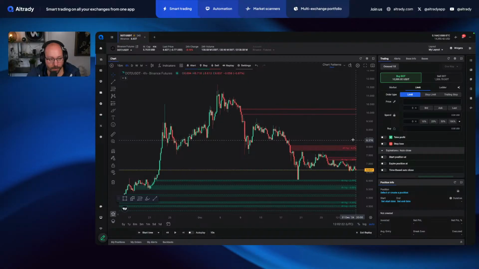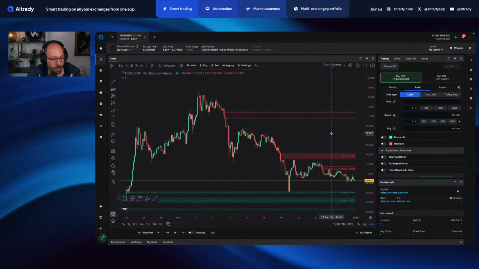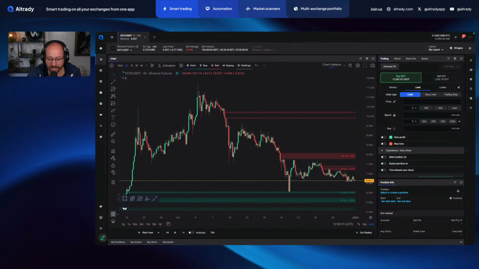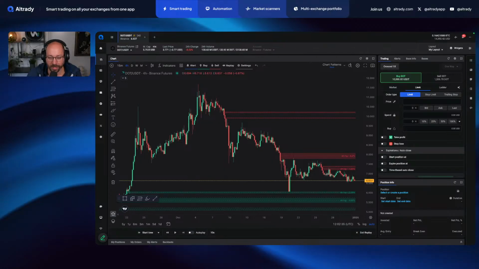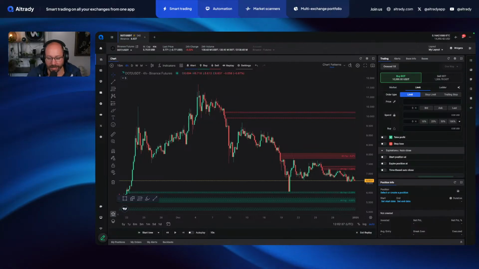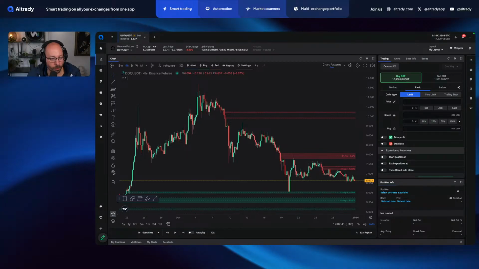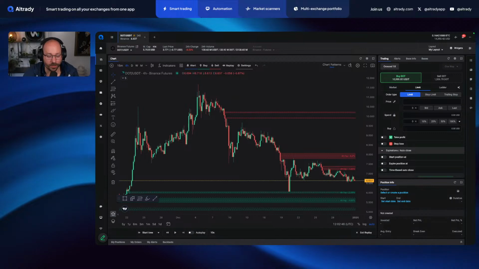I've already loaded up the chart. We're going to try the backtesting tool again. The bug from last week was fixed, so we'll see if it works this time. If not, we'll just switch back to the regular old, how do I call it, the 1.0 backtesting tool, because we're still working on the 2.0.